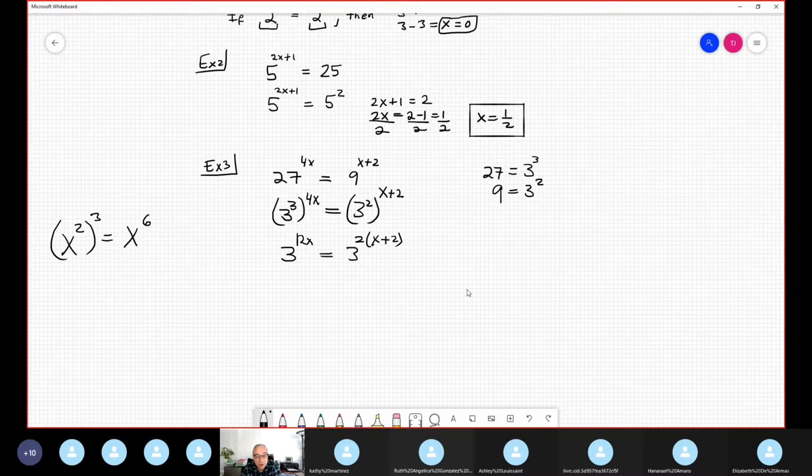Now we have two exponentials. The base is the same, so I intentionally put the base the same. Therefore, immediately the exponents are the same. So you convert the exponential equation into another equation that is easier, linear. You apply the distributive property.